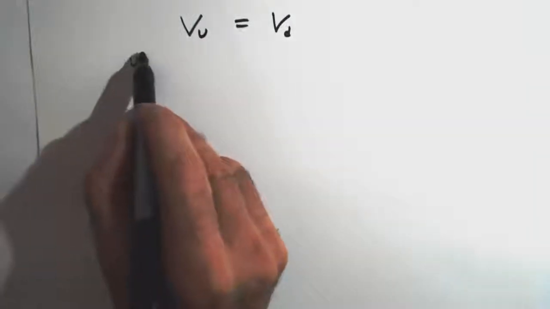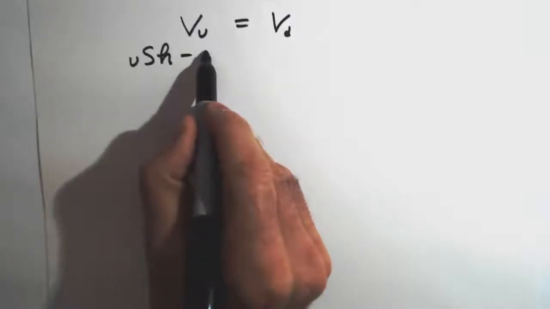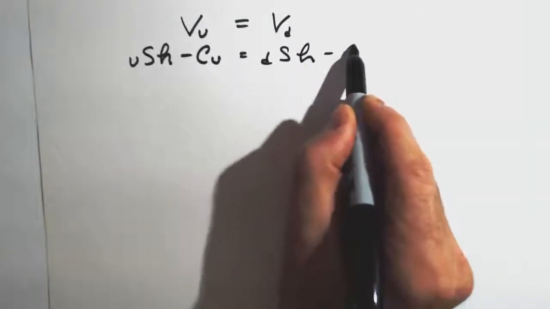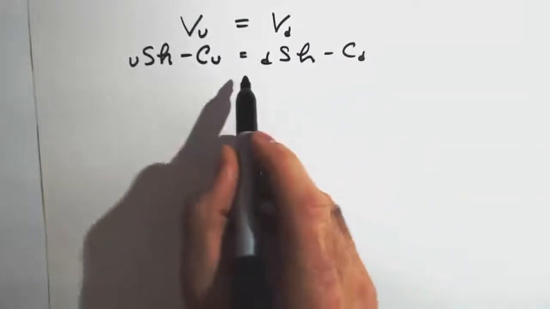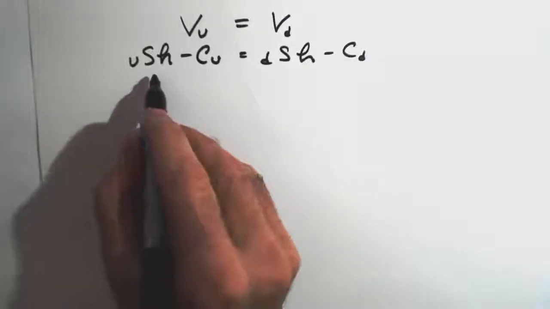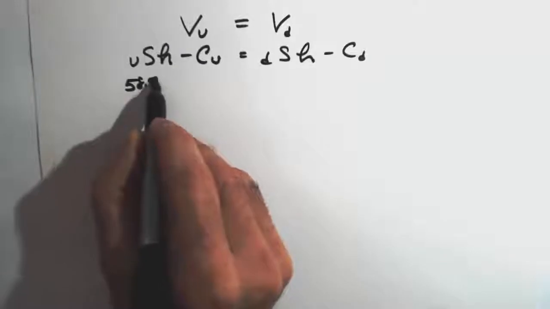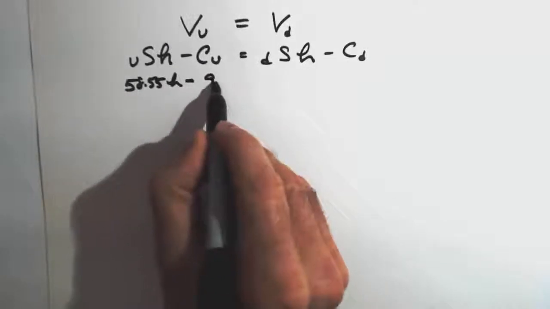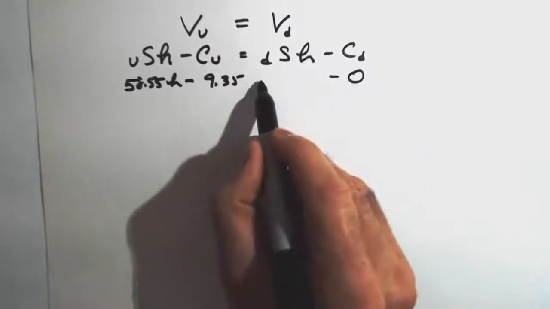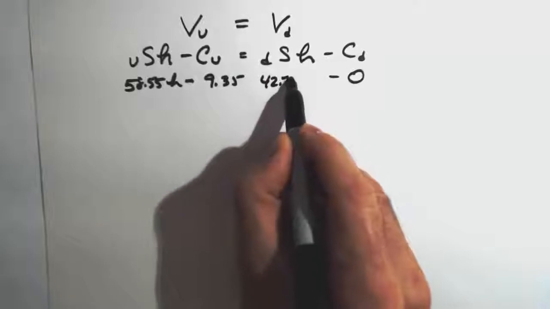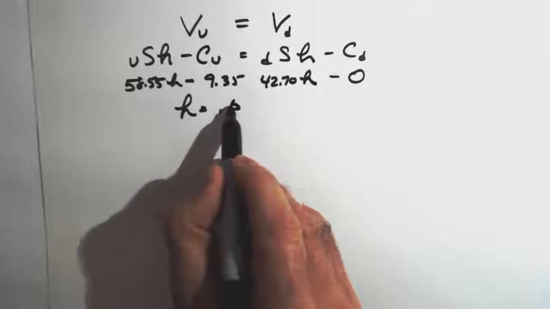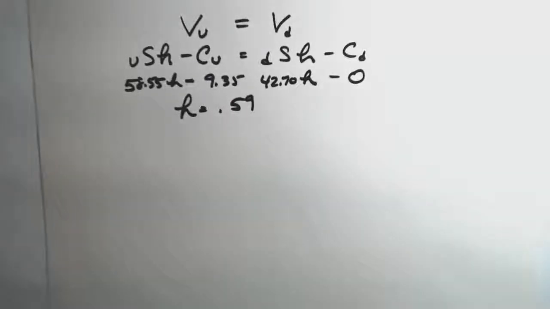And so that's U·S·H minus C_U equals D·S·H minus C_D. Plug in the numbers and solve for H. We plug in the numbers we just solved for C_U and C_D, by the way, and it's going to result in H equals 0.59. That's the new hedge ratio.